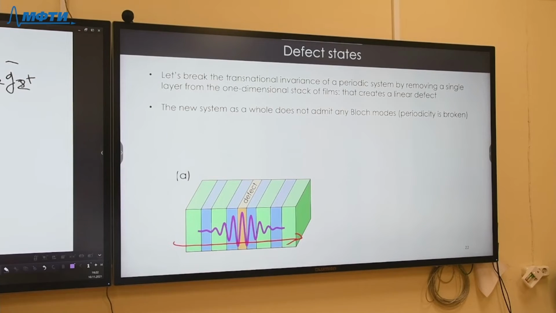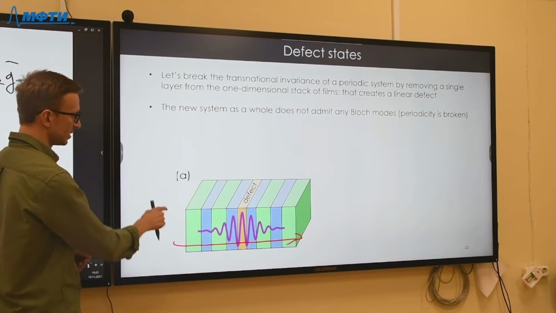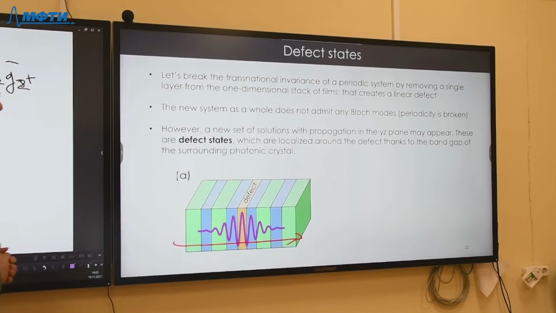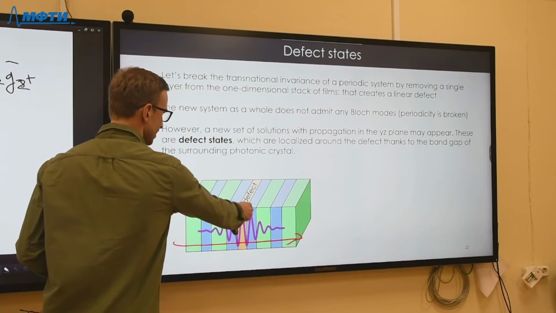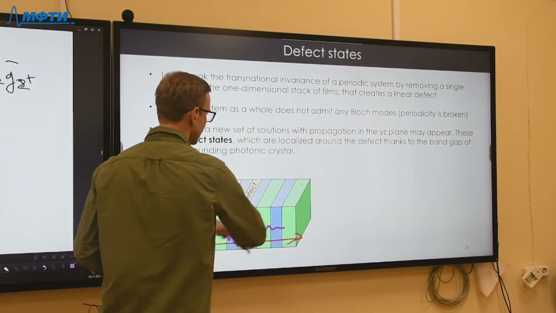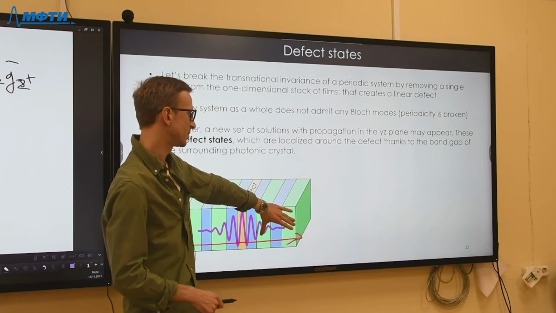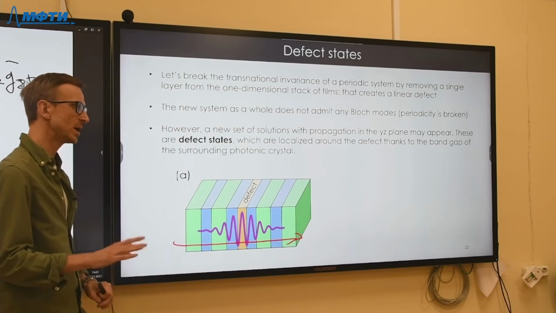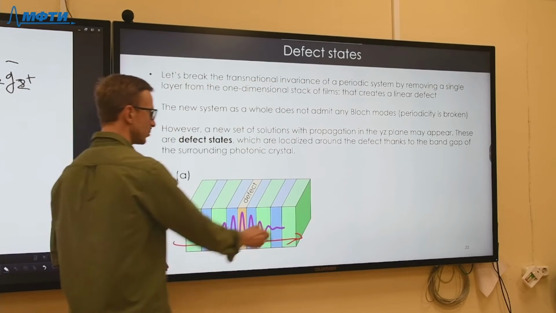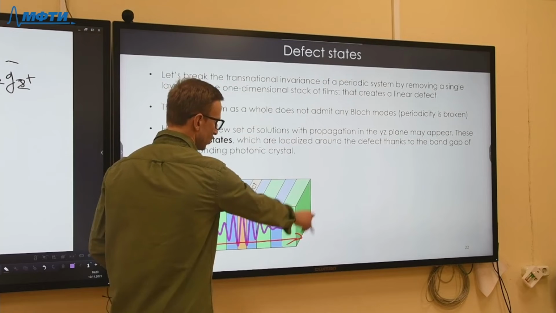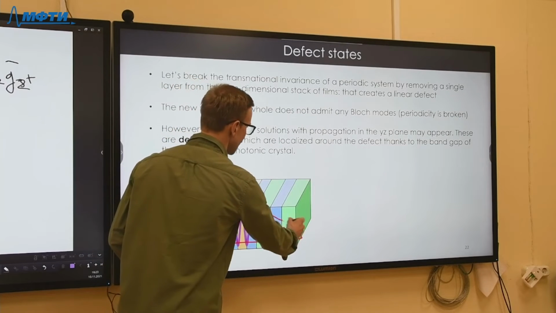However, if the frequency is located within the band gap, we may have so-called defect states, which are localized around the defect, and they cannot propagate outside, because outside we still have a semi-infinite photonic crystal, and if we are inside the band gap, that half of the photonic crystal will suppress propagation here.